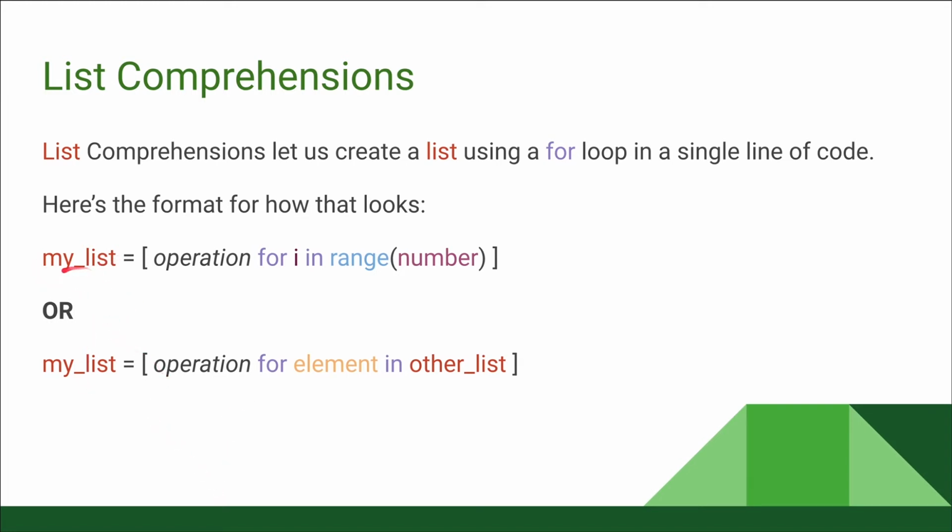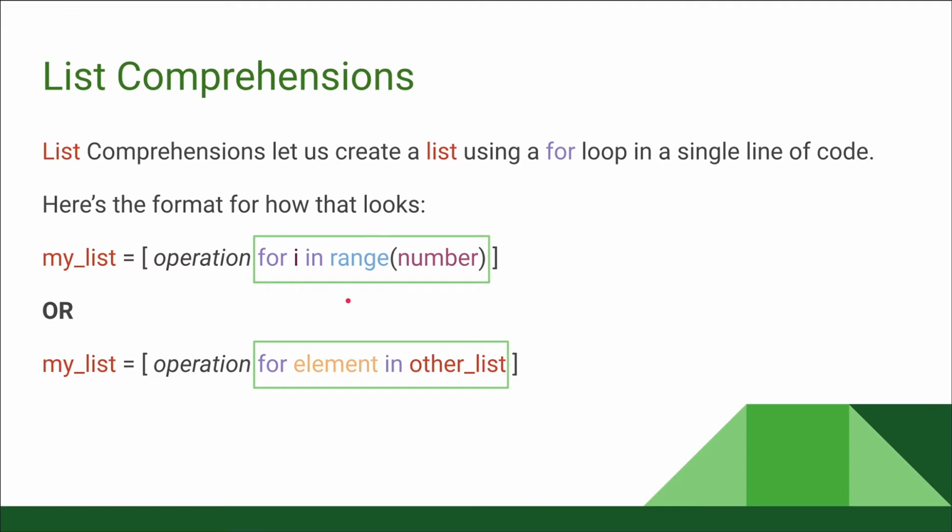So we're creating our variable myList, and first thing you'll see are those square brackets. The square brackets are telling Python, hey, we are making a list here. So whenever you see square brackets like this, we are making a list. The next thing is that for loop. We have both different styles of for loop, so we can do either type here.